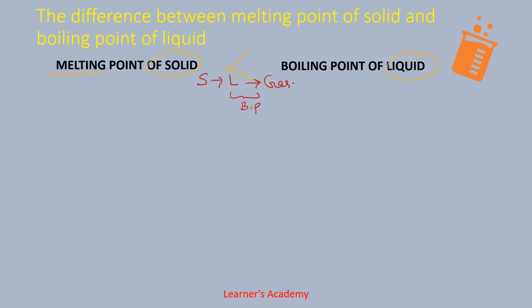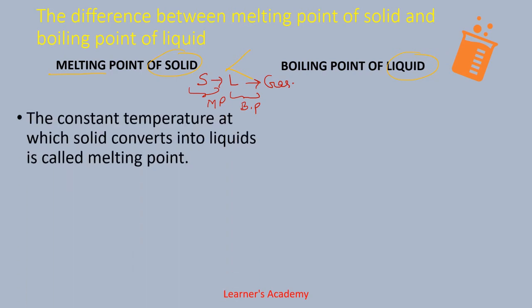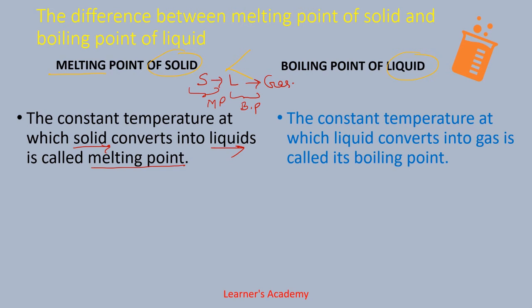When the solid starts melting, that is called the melting point, and it changes into liquid. The melting point of a solid is the constant temperature at which solid converts into liquid. On the other hand, the boiling point is the constant temperature at which liquid converts into gas.